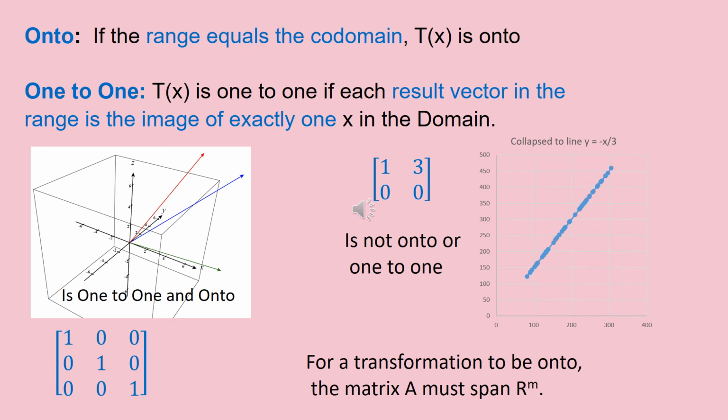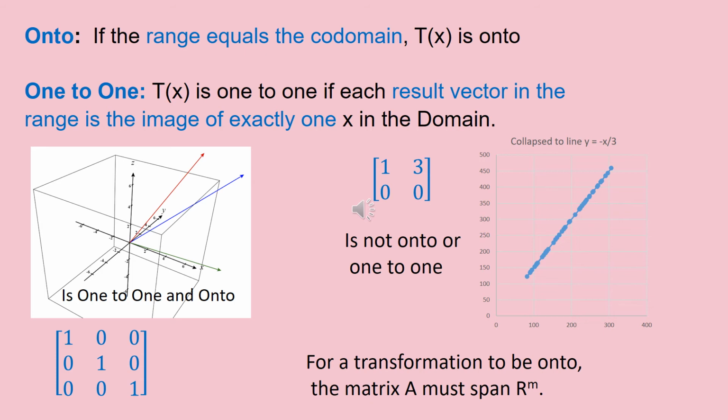And so they point in 3 different directions, and thus you can create linear combinations that span all of R3. So it is onto, and it is also one-to-one. Any vector I'm trying to map to is only going to have one solution. So by RREFing the matrix A, I get the identity matrix that tells me that my transformation is one-to-one and onto.